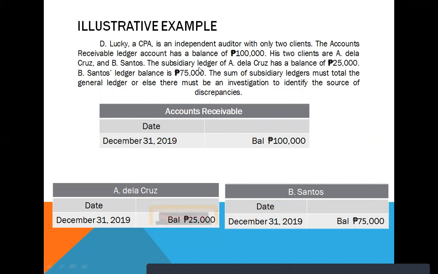The subsidiary ledger of A. De la Cruz has a balance of 25,000 pesos. B. Santos's ledger is 75,000 pesos. The sum of the subsidiary ledgers must total the general ledger, or else there must be an investigation to identify the source of discrepancies. Here we have 25,000 plus 75,000, so that totals 100,000 pesos.